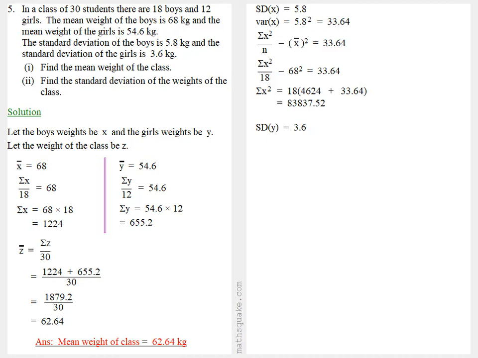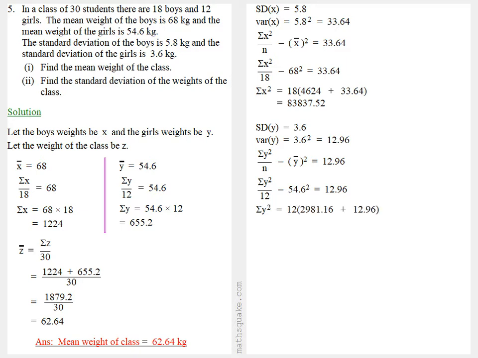Now we can do the same with the girls. The standard deviation is 3.6, so the variance is 3.6 squared, which is 12.96. Now the sum of the y squareds over n minus the mean squared is equal to 12.96. So the sum of the y squareds over 12 minus 64.6 squared is equal to 12.96.